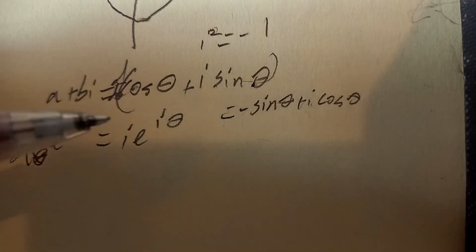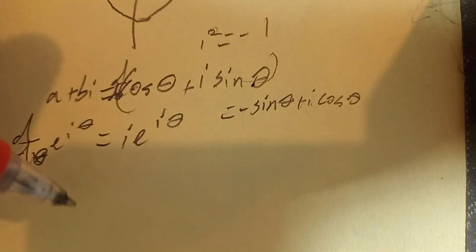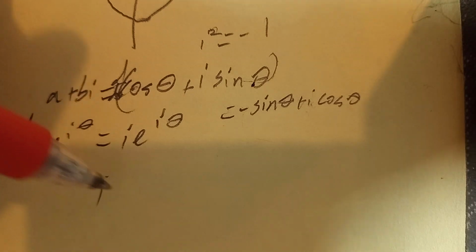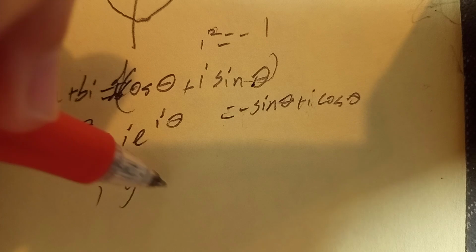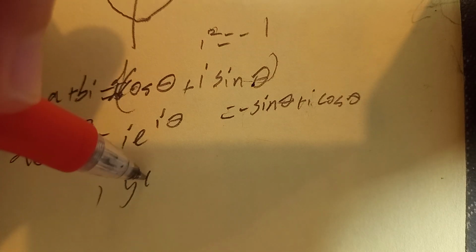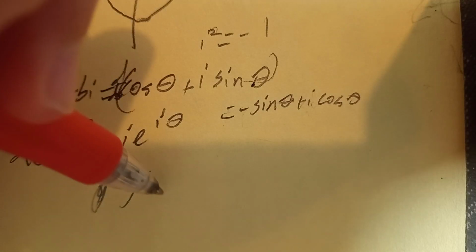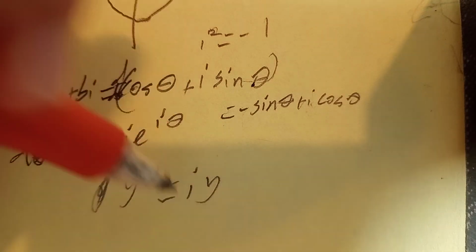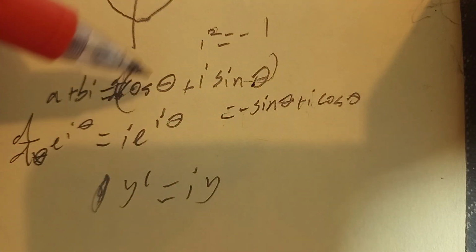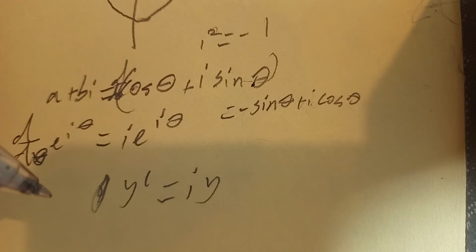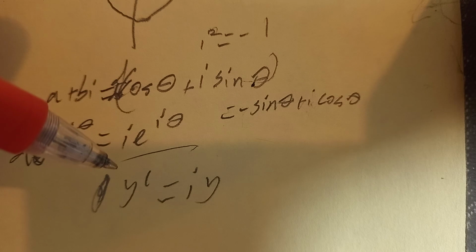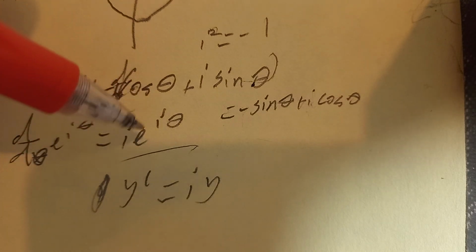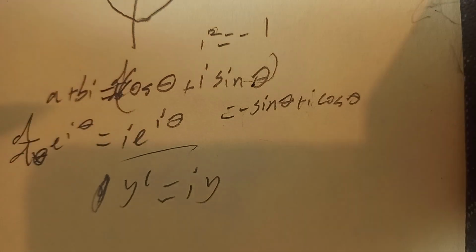So, think about it. We have a derivative equal to i times some function y, which is cosine theta plus i sine theta. And hang on, that's this here, because we just used the chain rule to bring this out.